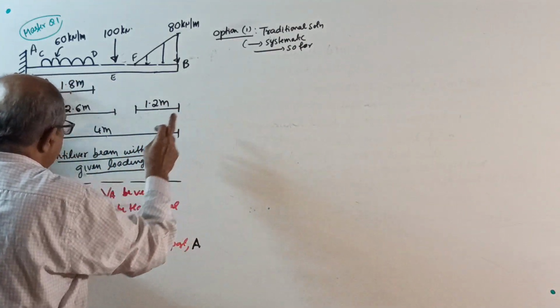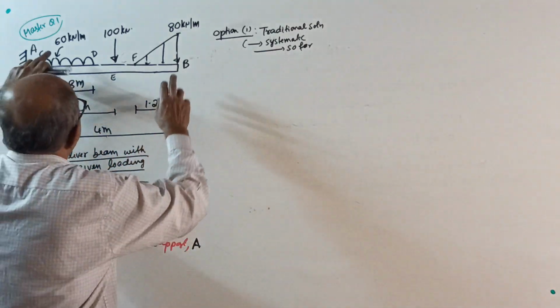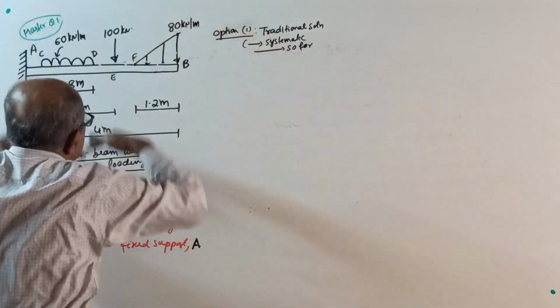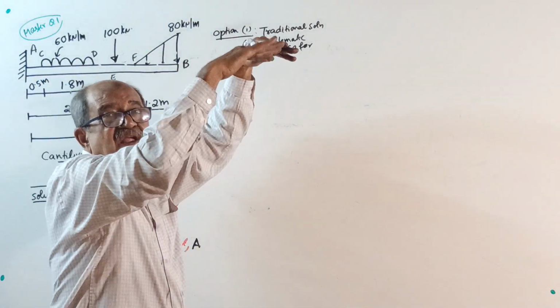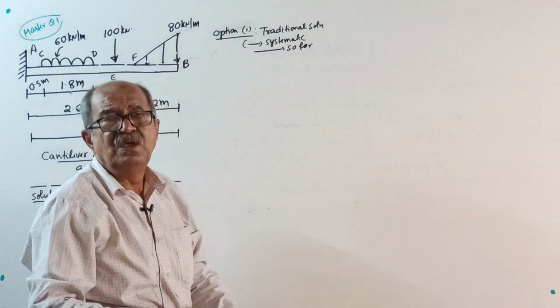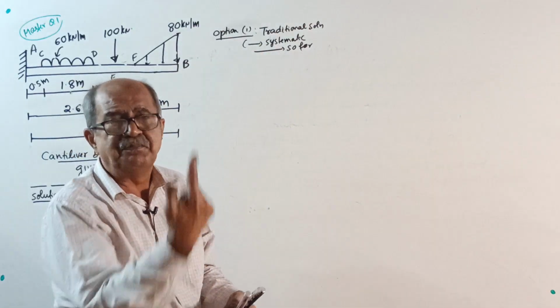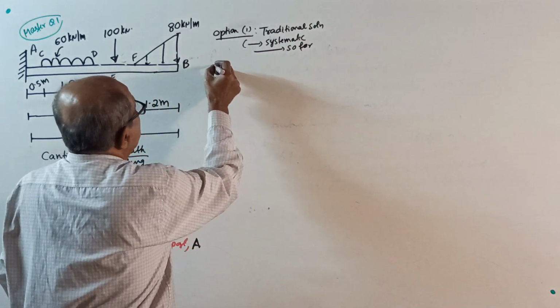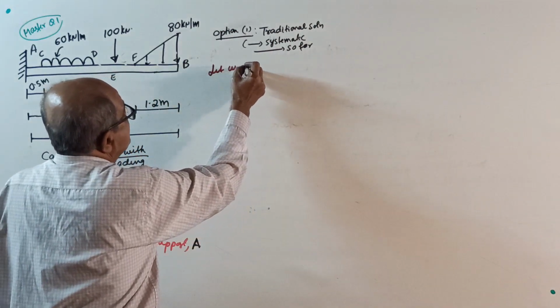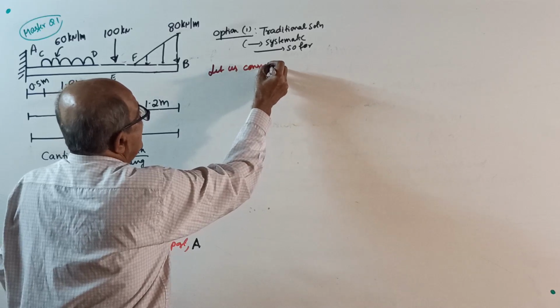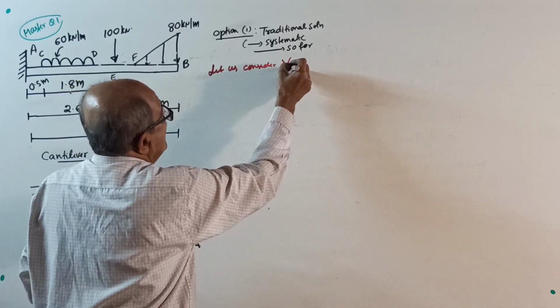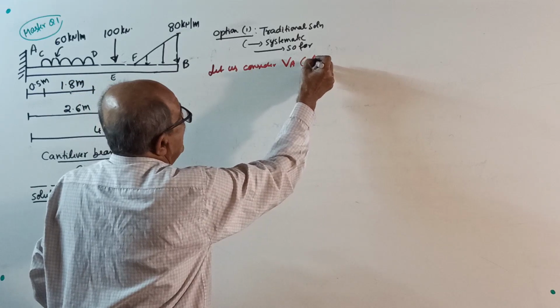First decide the direction for the vertical reaction. Loads are acting down. That is action. So the vertical reaction will be up. So let us consider VA vertically up.